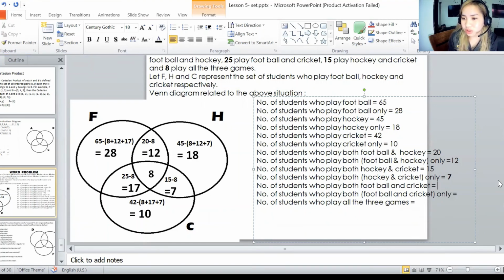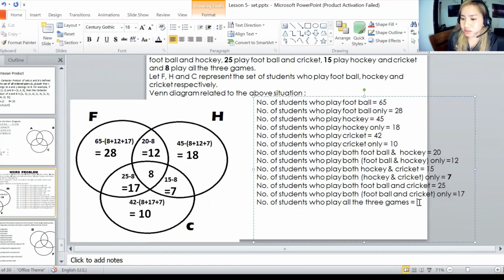So, ang answer po natin dito is 25. Second to the last, student who play both football and cricket only. Only. So, yung mga naglalaro po ng football and cricket lang po. So, ang answer dyan is 17.